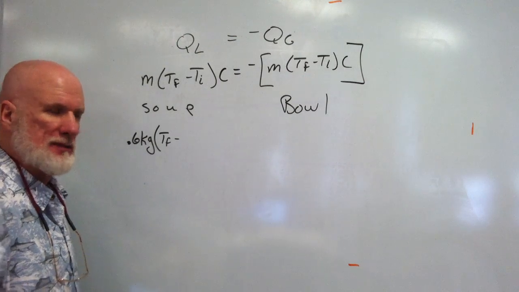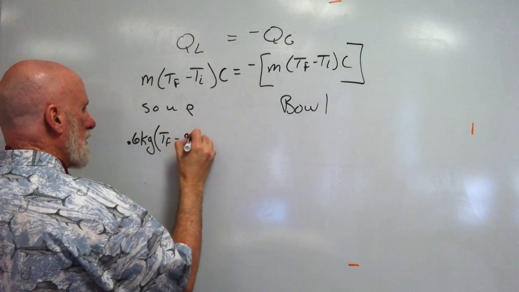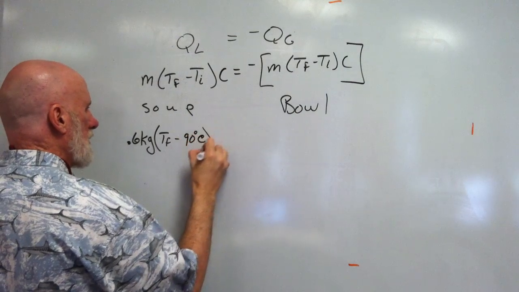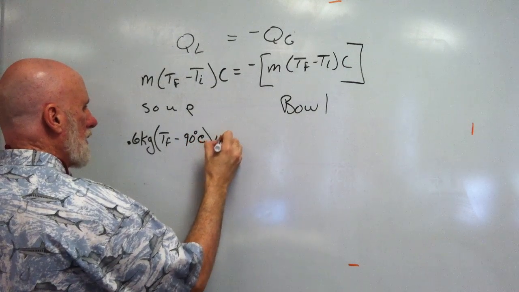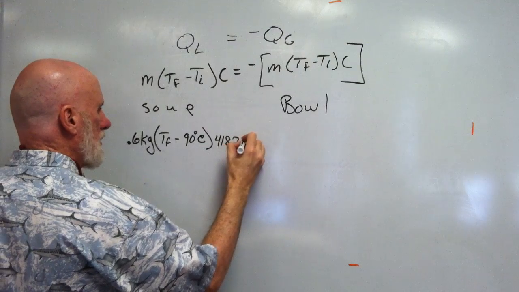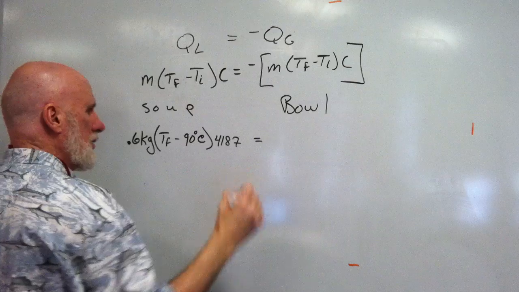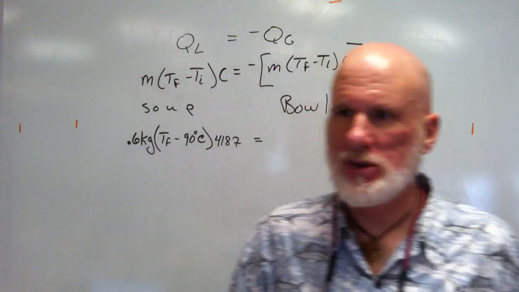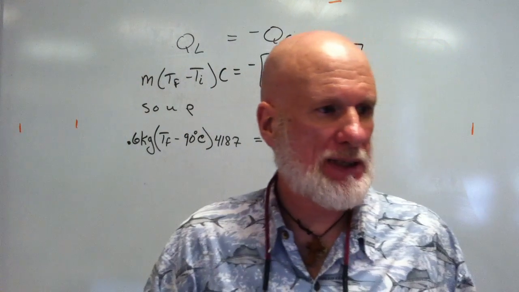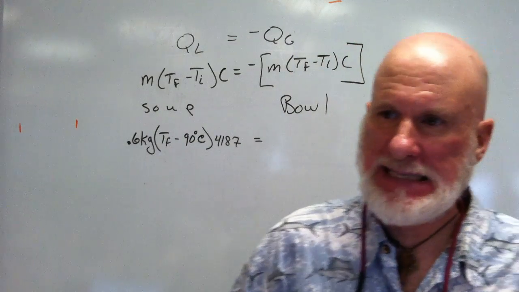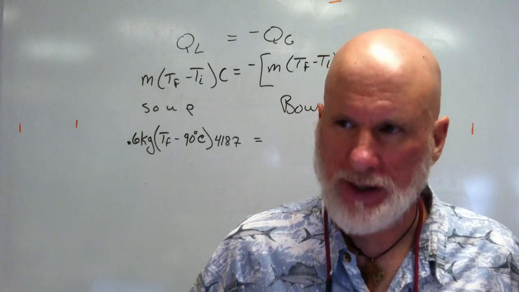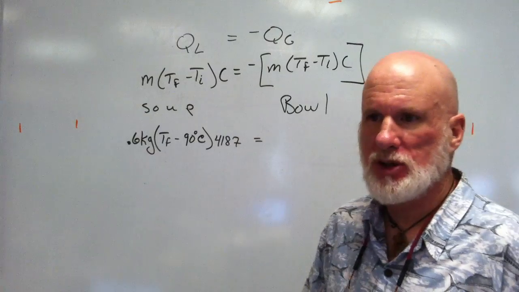It was hot soup. Yeah. And then 4187 joules per kilogram degree Celsius is the specific heat capacity of water. Remember we said the soup is mostly water.